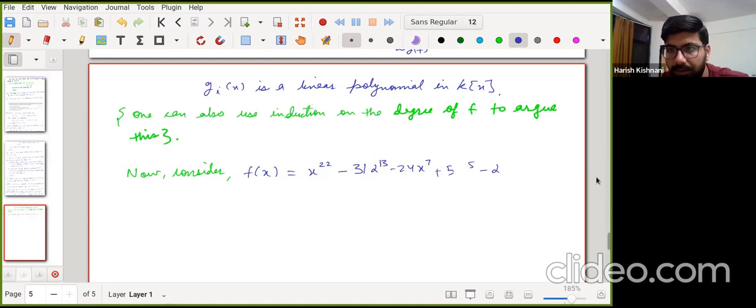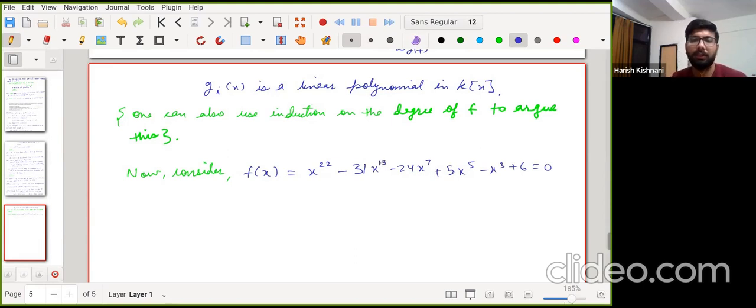So x^5 minus x cube plus 6 equal to 0, x raised to 30.